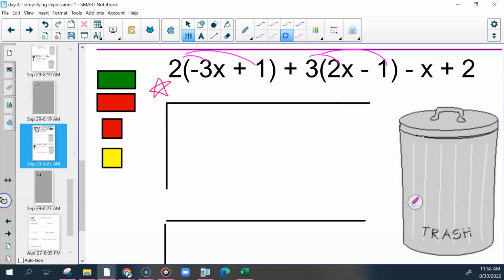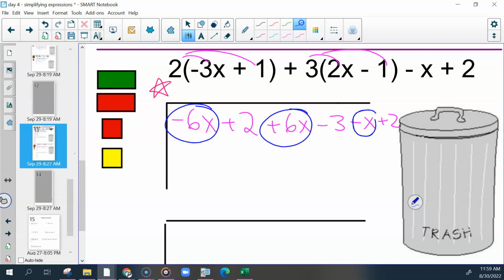You guys can start saying it out loud. Negative 6x plus 2 plus 6x minus 3, and then we bring down our minus x plus 2 at the end. Make sure you bring down that last part, because if you lose it, it will change the answer.